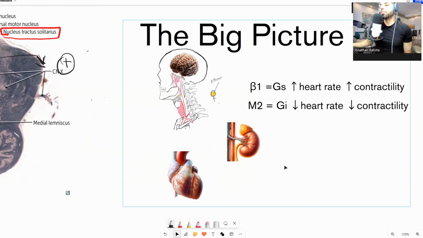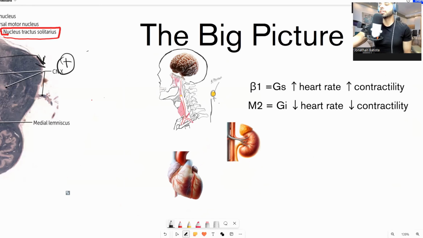So let's remember one thing. Cranial nerve 10 gives parasympathetic input to the heart. And like we mentioned before, we have beta 1 versus M2. So if you stimulate the vagus nerve at a parasympathetic level here, of course, it uses the neurotransmitter acetylcholine.